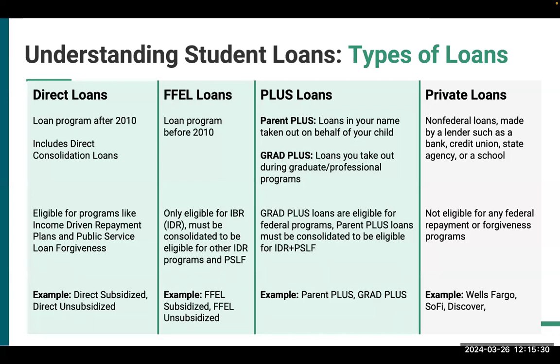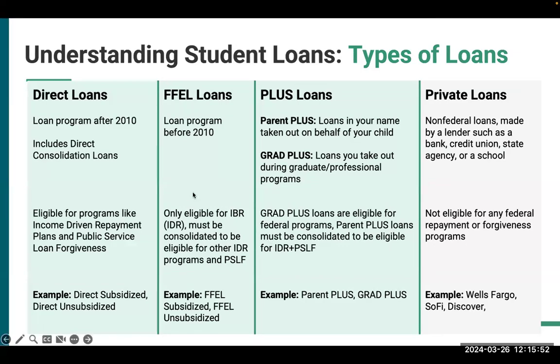Now, when it comes to these Parent PLUS loans, just like the FFEL loans I spoke about, they require consolidation in order to be eligible for programs like public service loan forgiveness and income-driven repayment. So if you have a Parent PLUS loan and you're interested in pursuing those programs, you will need to consolidate that loan.